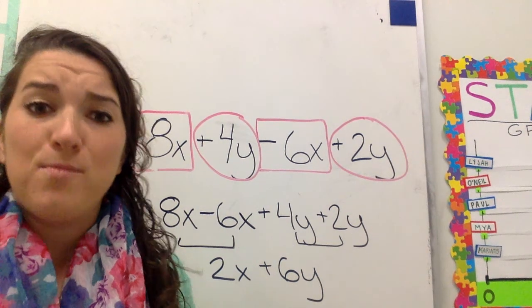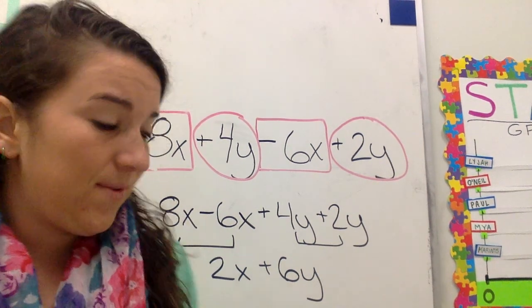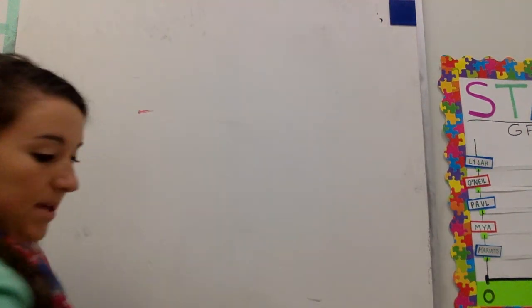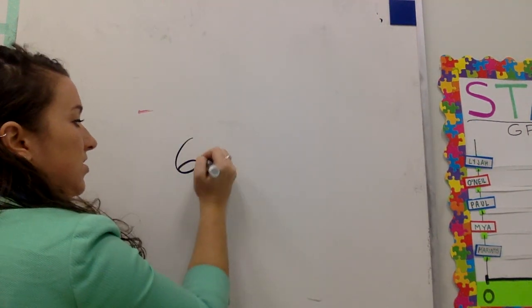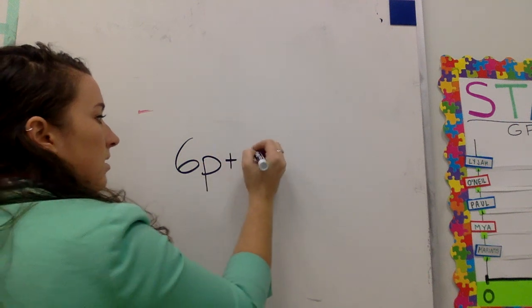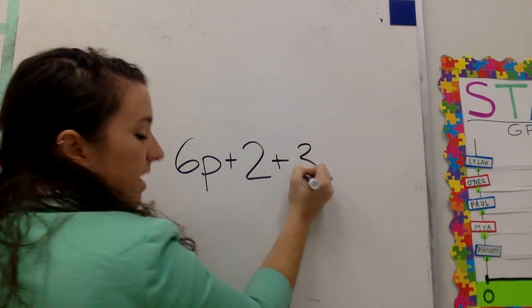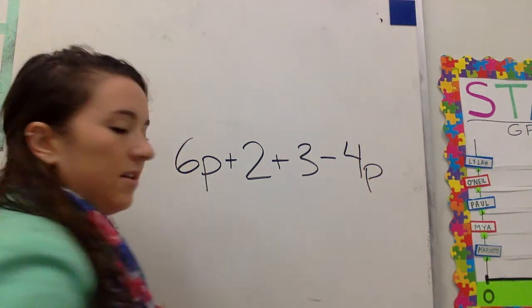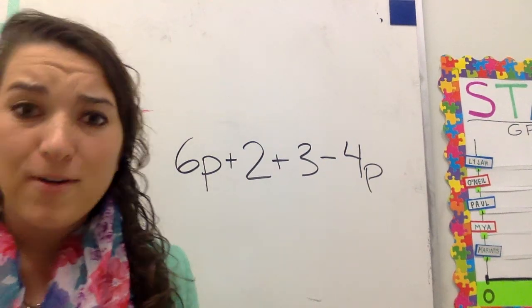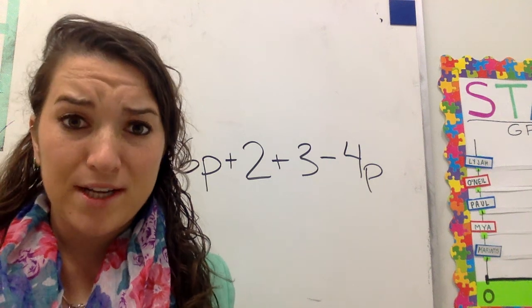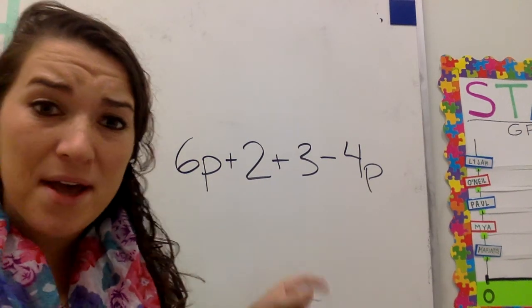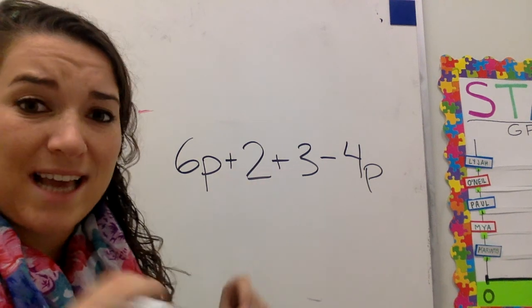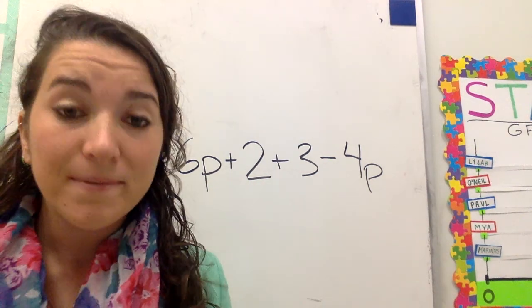I'm going to try one more with you guys, and then I want you to do the rest of the worksheet on your own. So the next problem is 6p plus 2 plus 3 minus 4p. Okay, so I remember from what I just said as well as from what Ms. Perez told me that I can only combine terms that have the same variable or, in this case, if they don't have a variable at all.